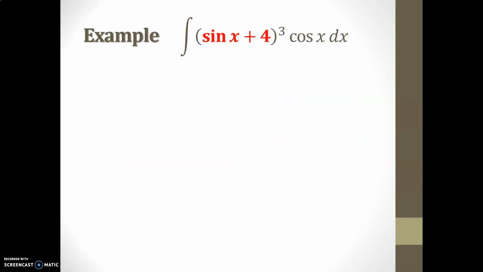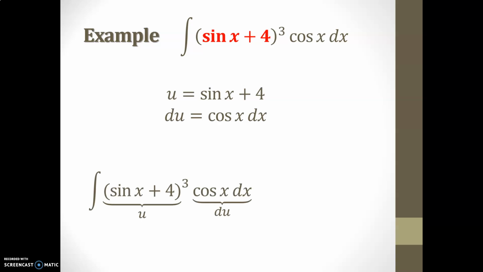For instance, sine of x plus 4 to the power 3, we've already said sine x plus 4 is a good choice for u. Du would have to be cos of x dx to fit accordingly. And now in the integral, we actually can see the role that each of these elements plays. U will take the place of sine x plus 4.